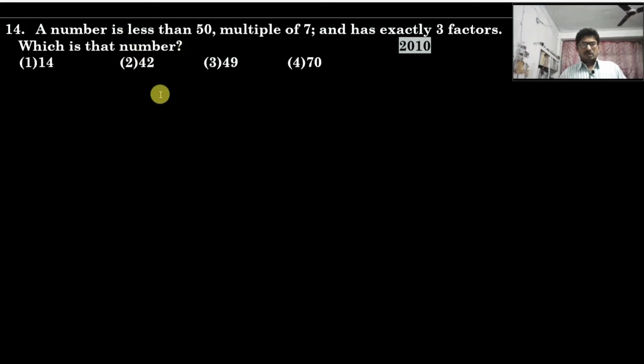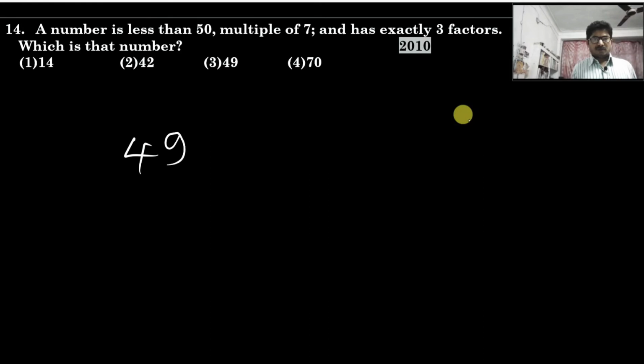So less than 50, multiples of 7. 49 is also a multiple of 7, and it must satisfy the condition of exactly 3 factors. So 49 satisfies all these conditions.